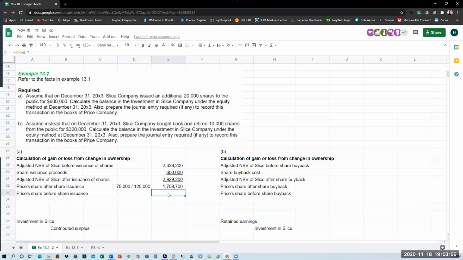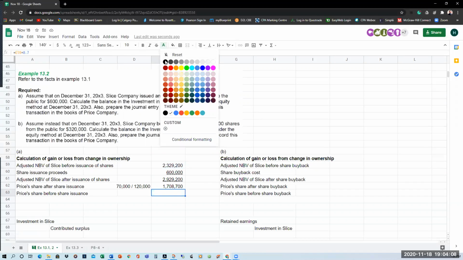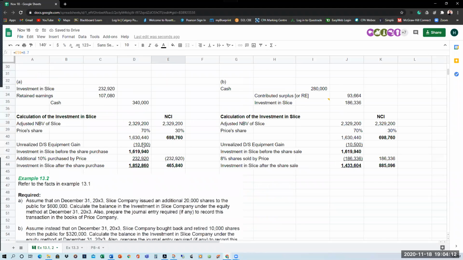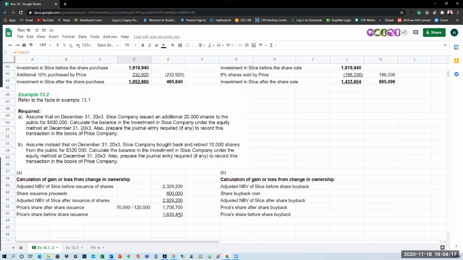Before issuance of shares, our friend Price had owned 70% of 2,329,000, right? 70% of 2,329,000 had been worth 1,630,440. Just this guy, right? It had owned 1,630,000. But now after the fact, Price's ownership is actually worth more. So that's an interesting little piece.